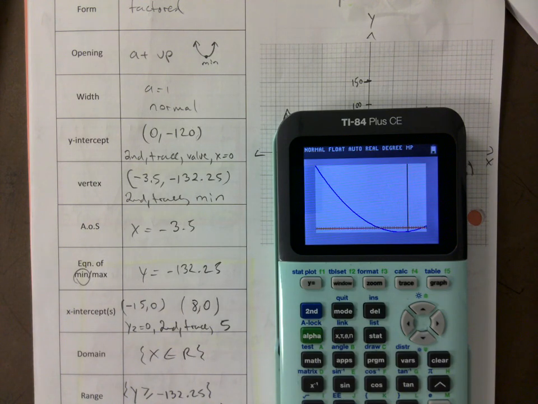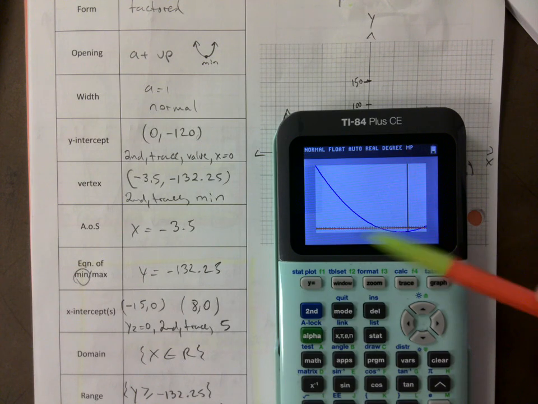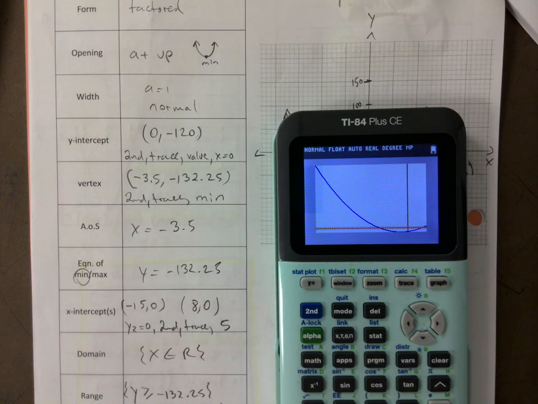It does a pretty good job 80% of the time of at least finding most of what you need. So if you press zoom fit, it will try to fit the curve, but obviously we have a bit of a problem here. The vertex is very close to the Y min, so you might have to lower it a little bit more from there, right? But zoom fit might help you at certain times when you just cannot do it.